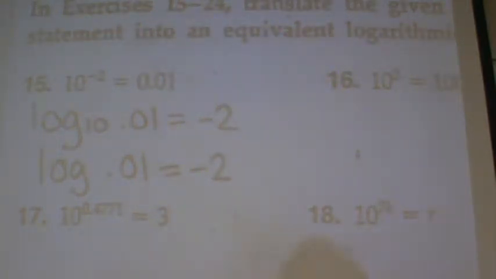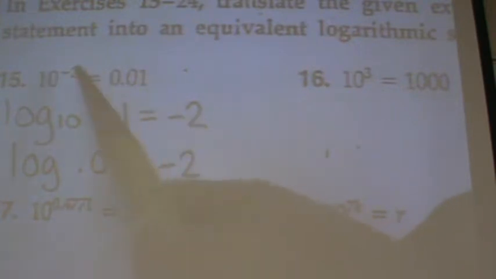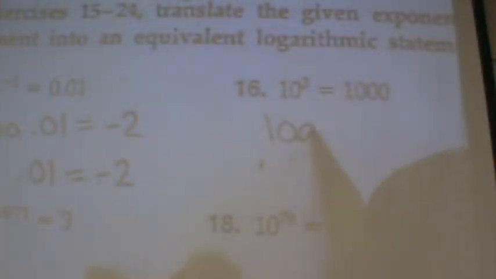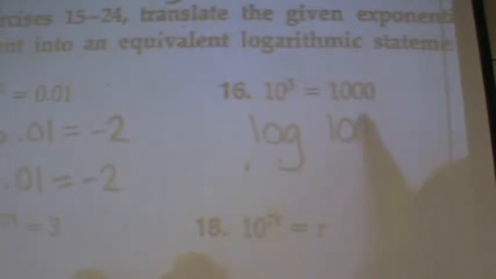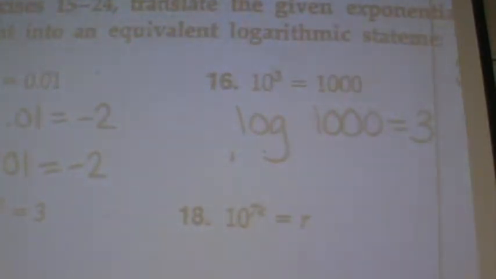For 16, the base is 10. Remember, a log is an exponent. That is the exponent, the negative 2. So this one would be the log of 1,000. Do we need the 10 here? No, we don't. If you want to write it, go ahead. But equals 3.